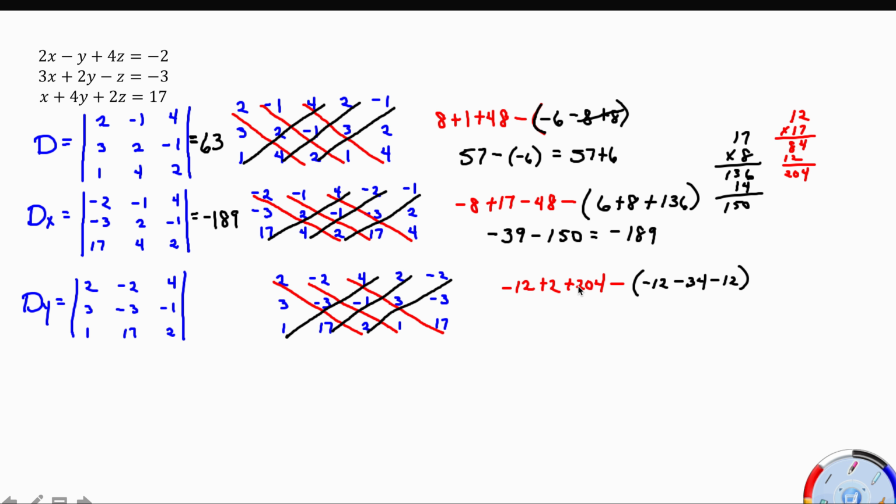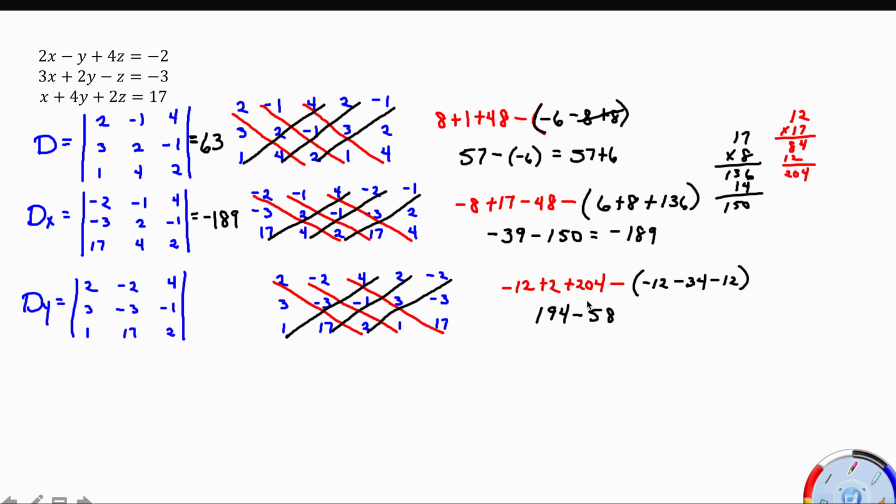So 194, right? Let me see if I did that right. That would be negative 10. So 194 minus 58. Double check my math there. 24, yeah, minus 58.